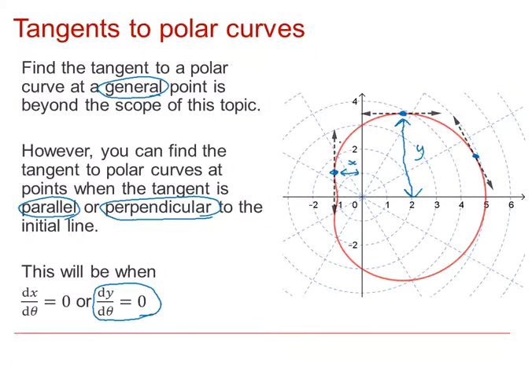So as theta goes round this curve, x has reached its lowest value, and therefore the rate of change of x with respect to theta must be 0. So if you want tangents parallel to the initial line, you want dy by d theta to be 0, and for those tangents perpendicular to the initial line, you want dx by d theta to be 0.